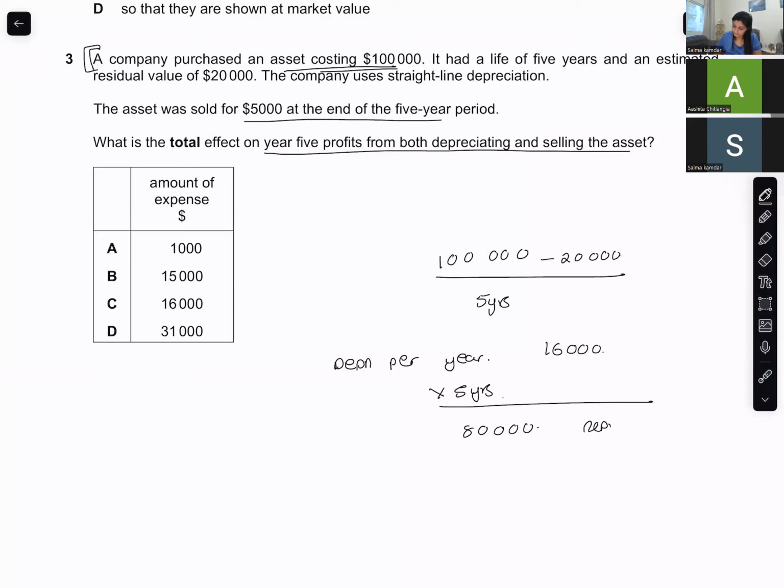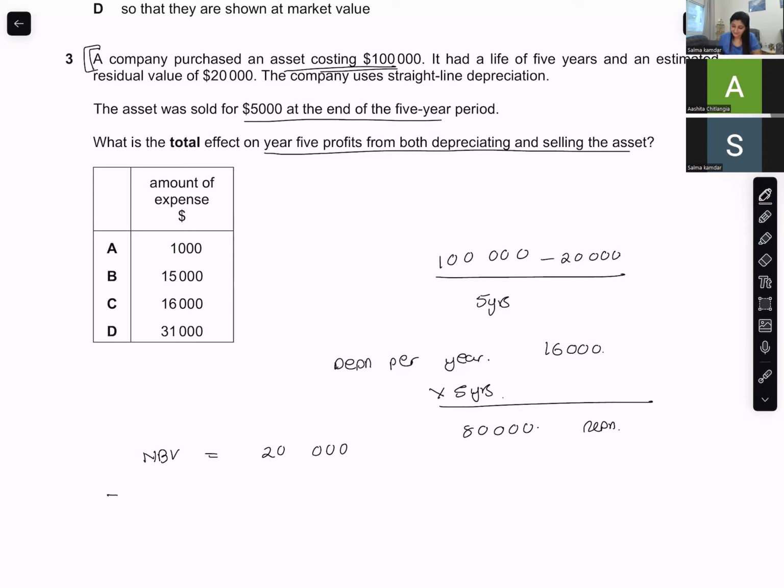6,000 is the depreciation per year? Because I did 10,000 minus 20,000 upon 5. It is 100,000, no? Oh, sorry. 24,000, what nonsense are you doing?